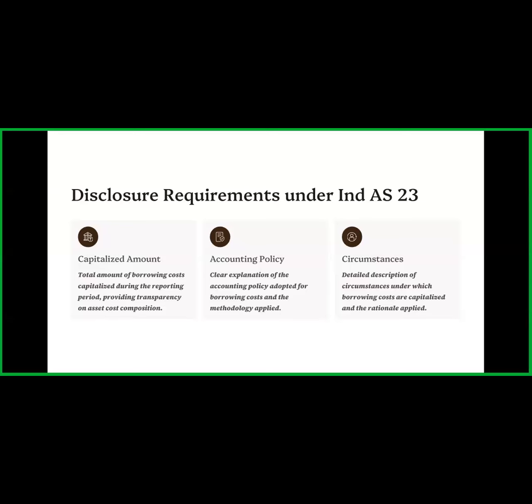Which accounting policy is used by the company for borrowing cost, and a clear explanation of the methodologies applied, must be clearly mentioned in the financial statements. All this we mention in a note. We will see how we put the note in the financial statements.